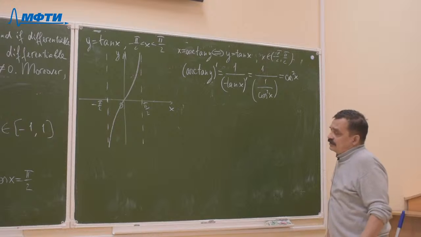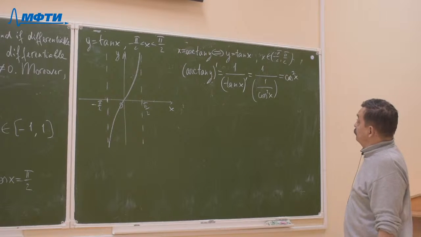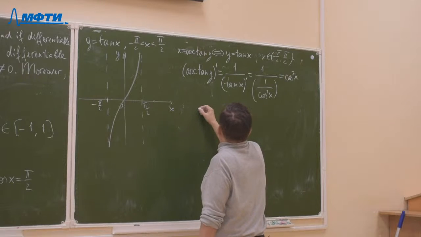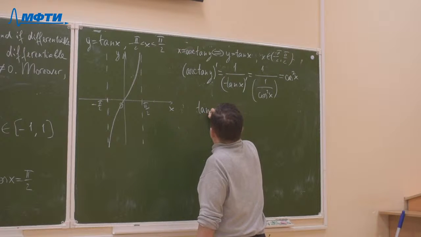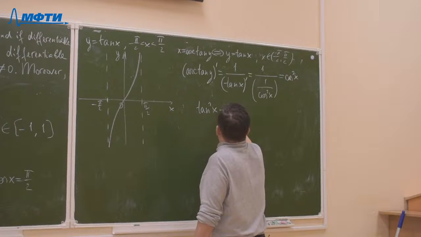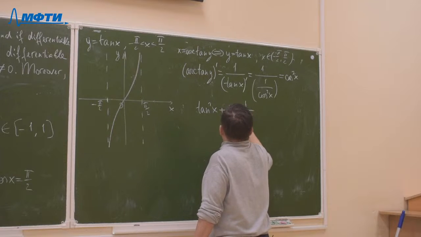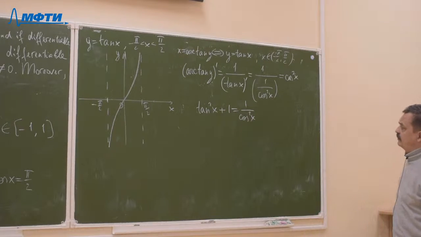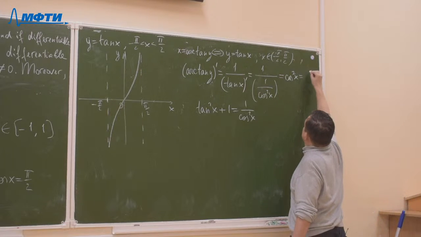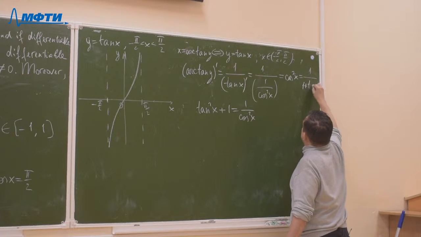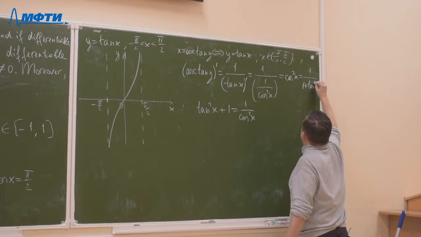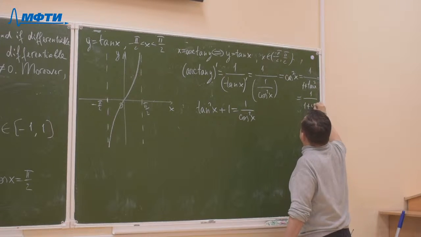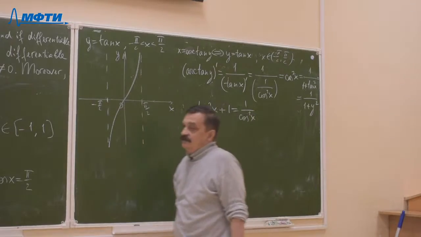Now we need to express it in terms of y. We observe that tan squared x plus 1 is 1 over cosine squared x. Using that formula, we can write 1 over 1 plus tan squared x, and that is precisely 1 over 1 plus y squared, as we want.